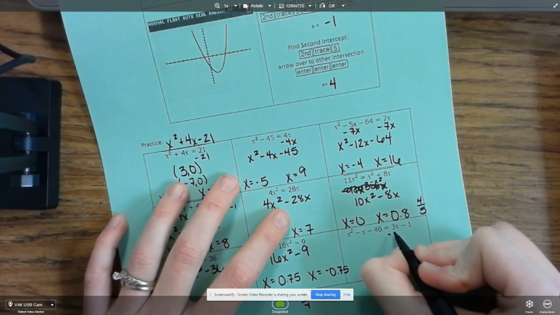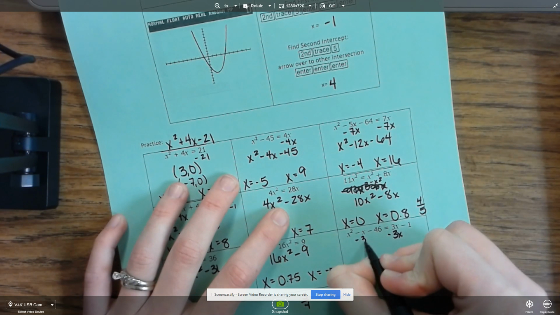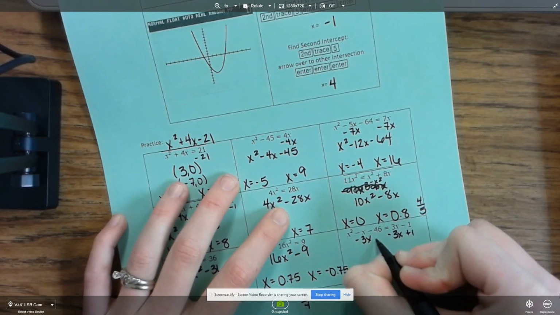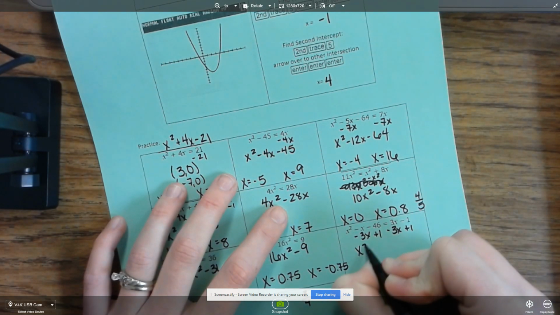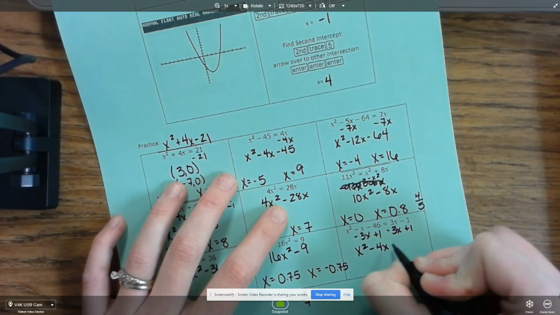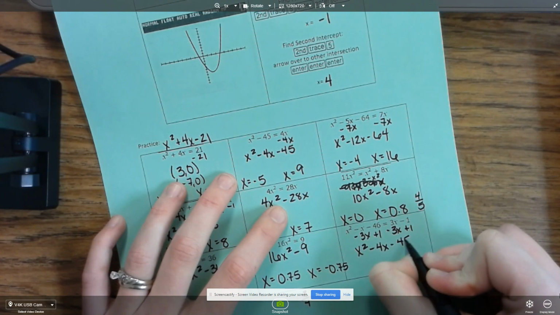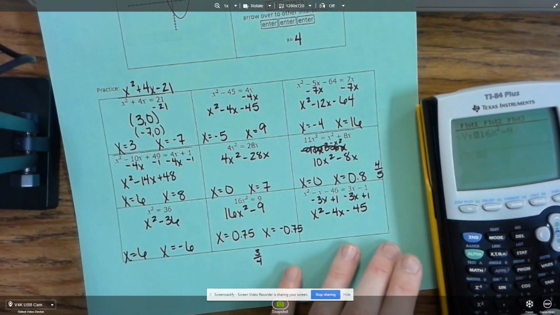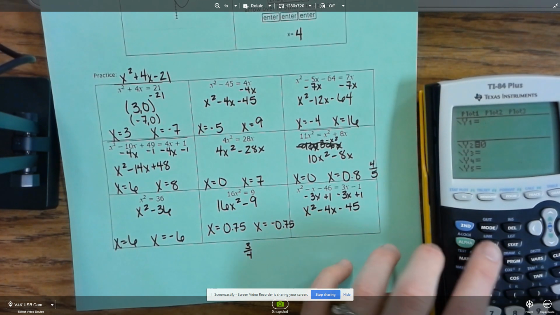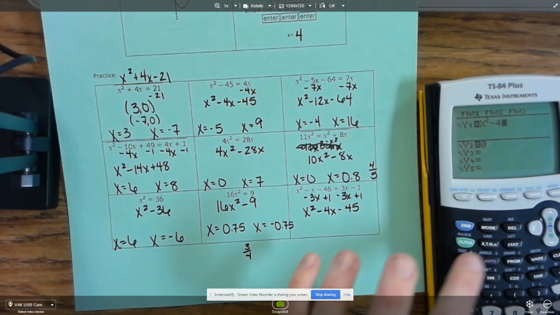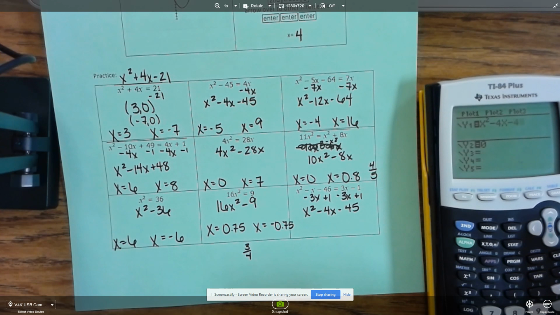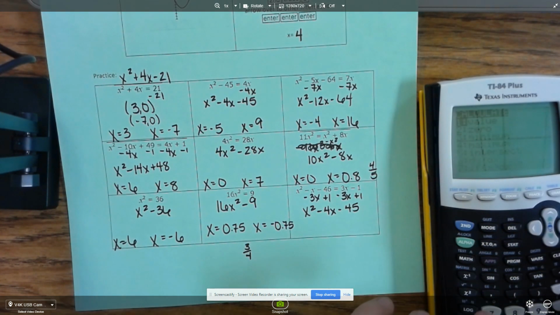All right, so in this one, let's move the negative 3x, and then we would add a 1 to both sides. So I'd have x squared minus 4x minus 45. All right, so I can see both intersections. So second trace 5.